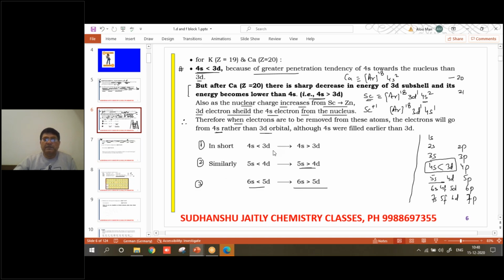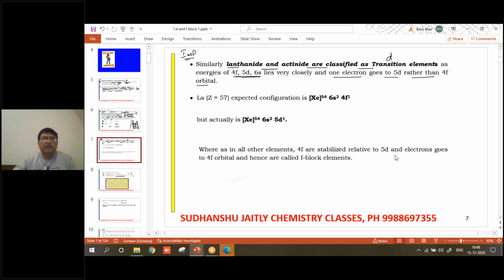See, from what we just did, if you have to add an electron here, you should be following 6s, then 4f, then 5d, so you should be adding the electron to 4f. But the drama happened. The expected configuration of lanthanum, I'm sorry, I said it wrong, is 4f1, but actually it is going to be this.